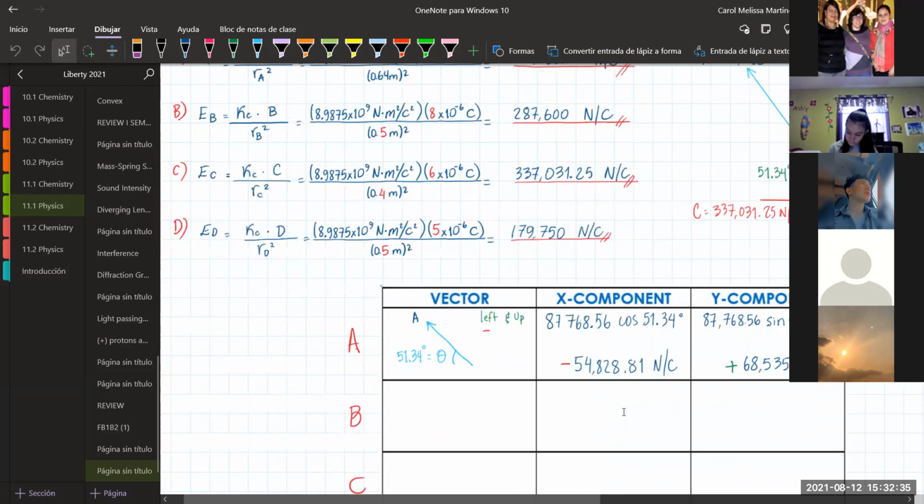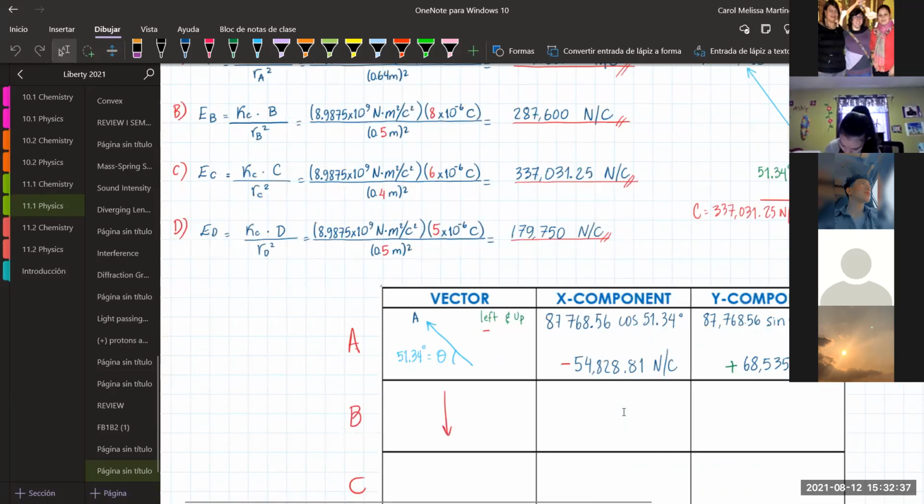So my vector, it's coming down, is my vector B, and this one measures 287,600 Newton over Coulomb. So this one does not have an X component, so you can ignore it, but the Y component, because it's going down, it's going to be negative 287,600 Newton over Coulomb.